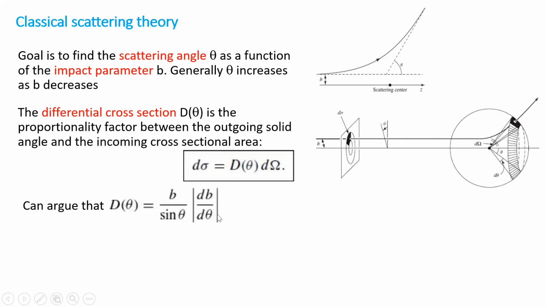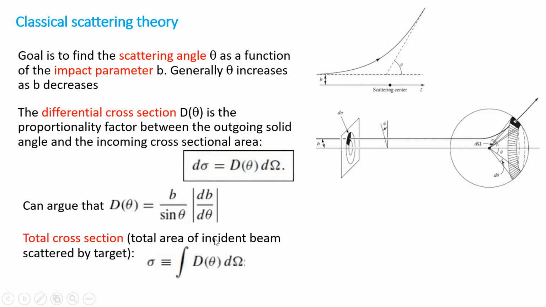We need to take the absolute value to get a positive D, which it should be, since it's a proportionality factor between two positive numbers. So it makes sense that the differential cross section should be related to how B depends on this angle, or conversely how the angle depends on B, which is the same for the derivative.